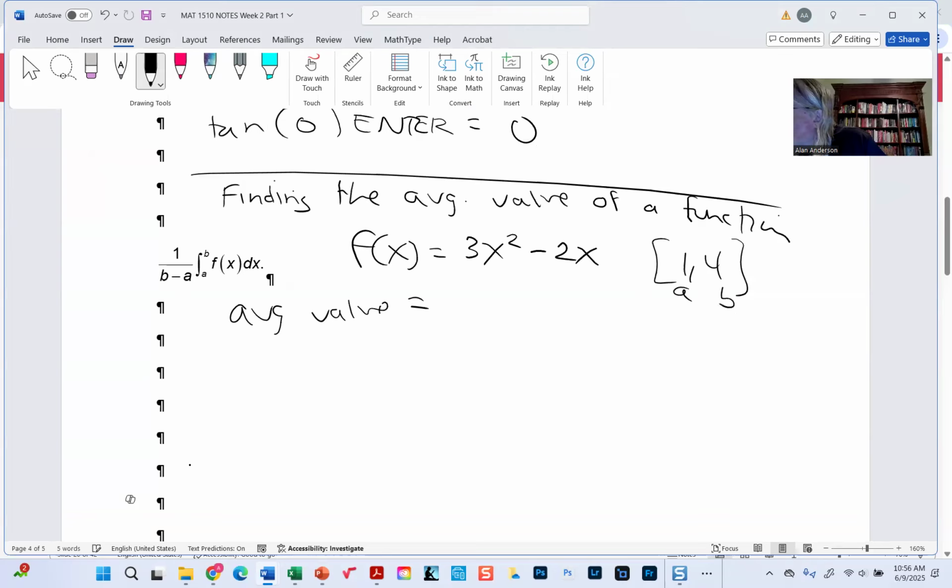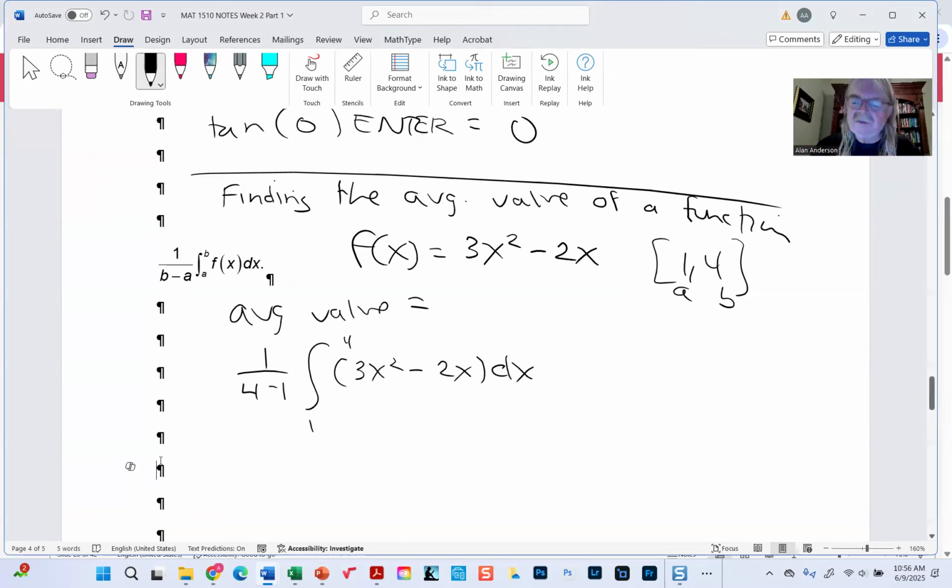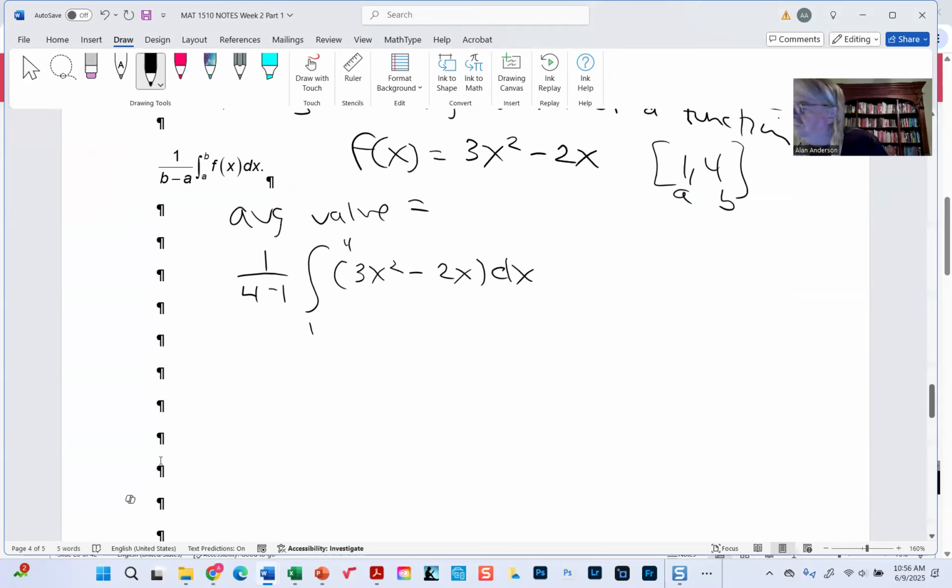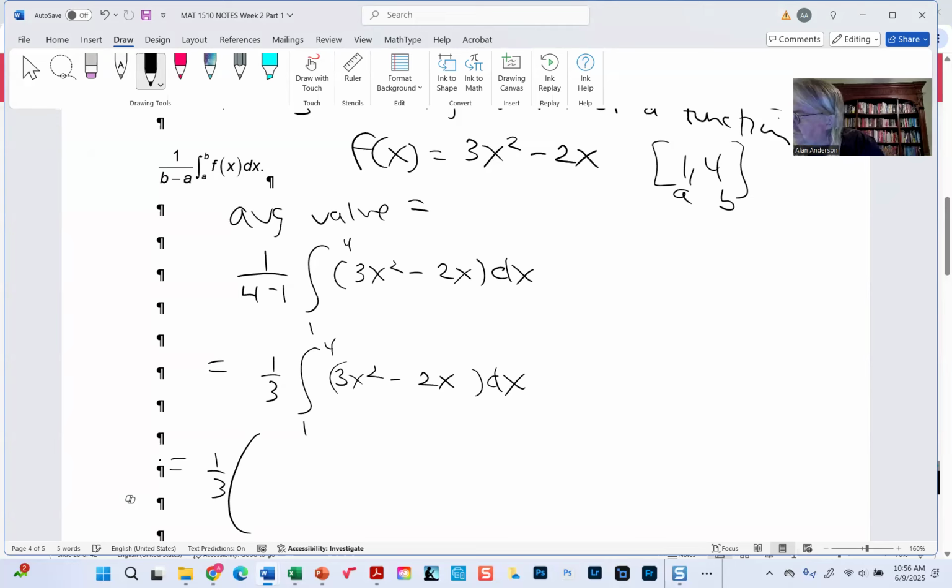remember, A is 1, B is 4. All right. So of course we'll simplify this whenever possible. So we have the first one can be written like this.